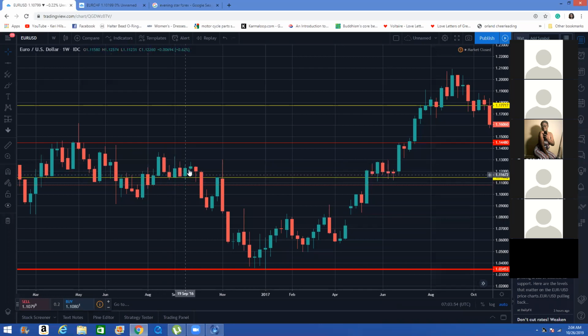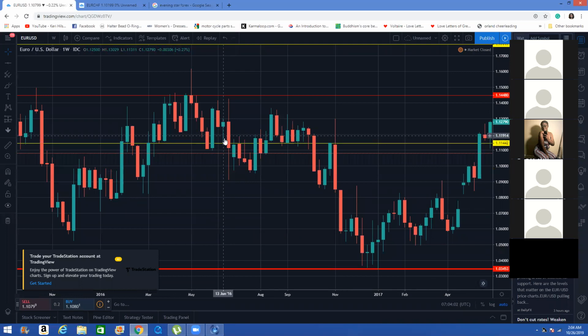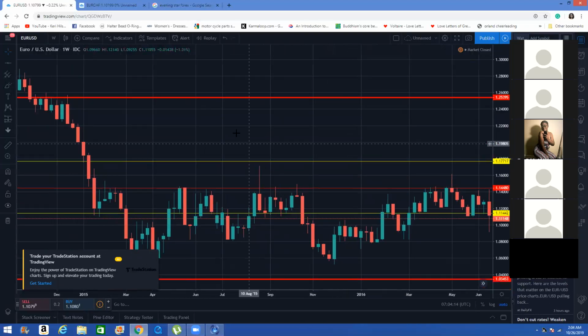Nobody was breaking it. Then we have a break and retest right here. Boom. Wick rejection right there. Boom. Let's see what else. More bouncing off of it. Right. More bounces off of it.